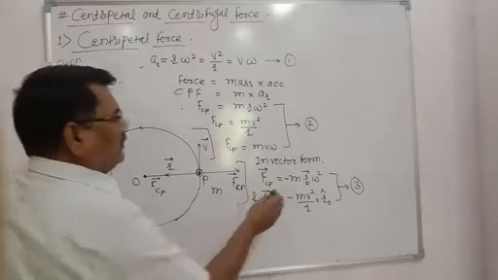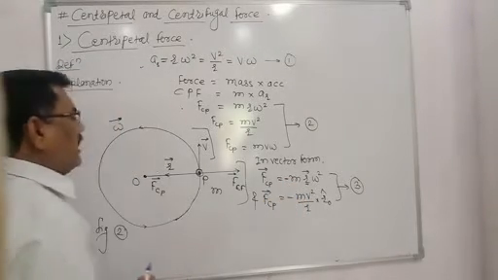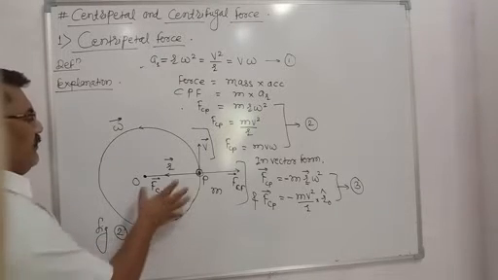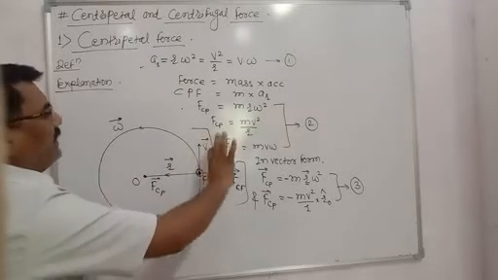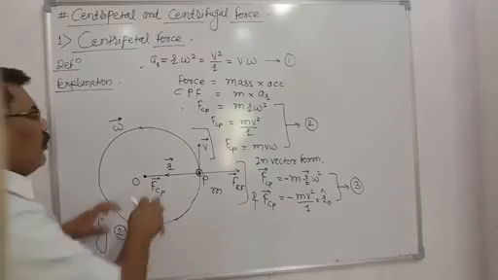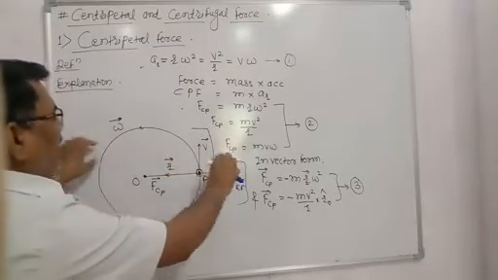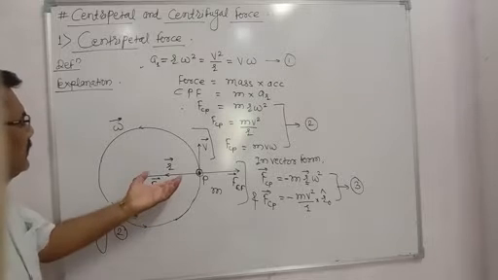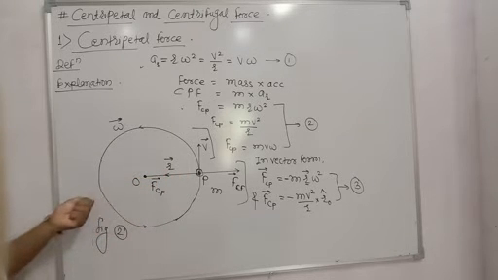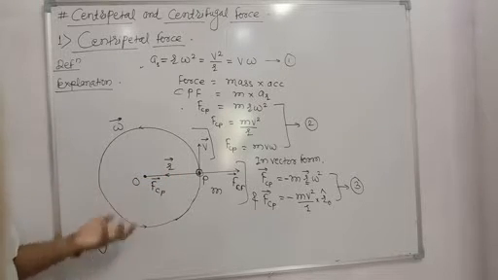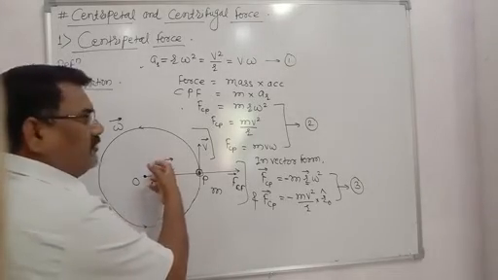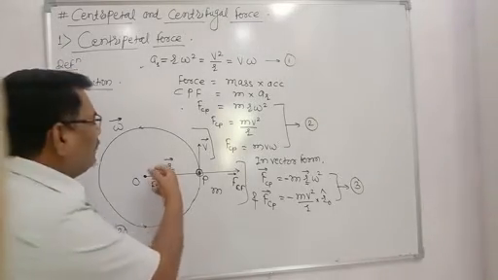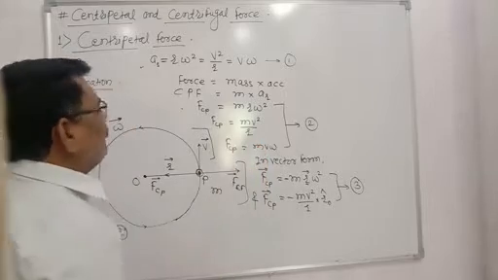In equation 3, this negative sign indicates that the centripetal force and radius vector are oppositely directed. It means that the centripetal force is directed towards the center, while you know that the radius vector or the position vector is directed away from the center.